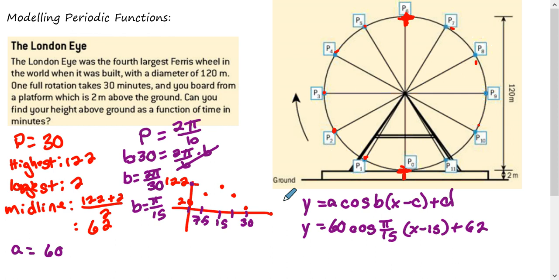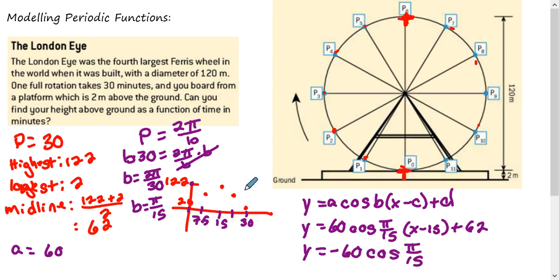Now, if I instead were to make this cosine value a negative, here's what I mean. Cosine has a max value, and then down to the min, and then the max again. But if we reflect that over the x-axis, instead of it starting on the max value, it's going to be starting at the min value. So an exact value of this without a horizontal shift, all I need to do is have a negative a value.